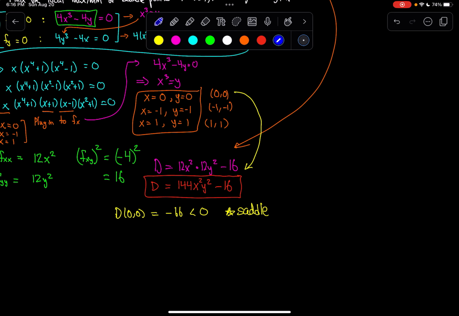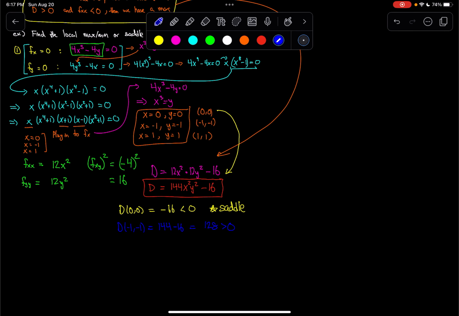Now let's do D of (-1, -1). That's going to give us a positive 144 minus 16, which is 128, which is definitely greater than 0. So we either have a max or a min here. The way we test that is: is it concave up or concave down?